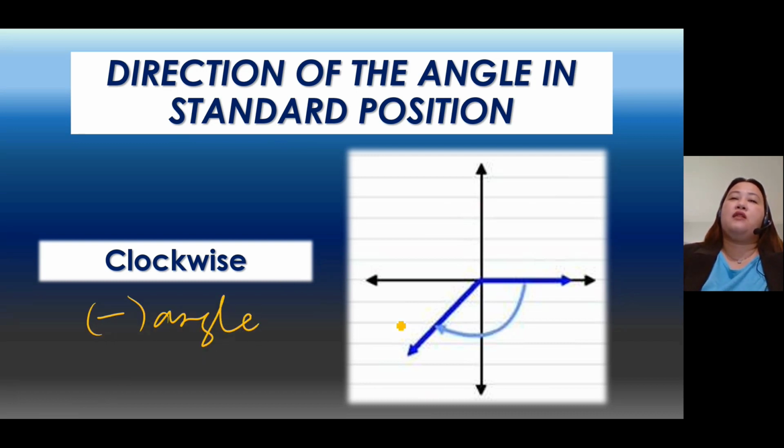If you try to check, the angle is in the Cartesian plane. We have the x-axis, the y-axis, and the initial side is along the positive x-axis with the vertex at the origin. Okay, so that ends our discussion for week 1, day 1.